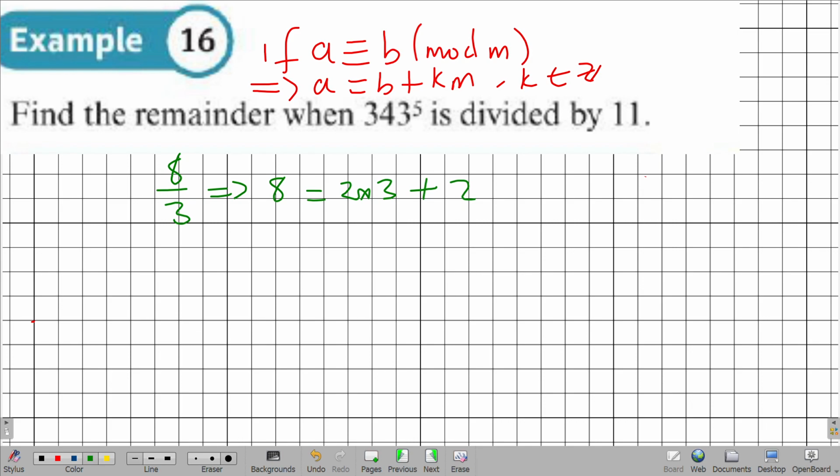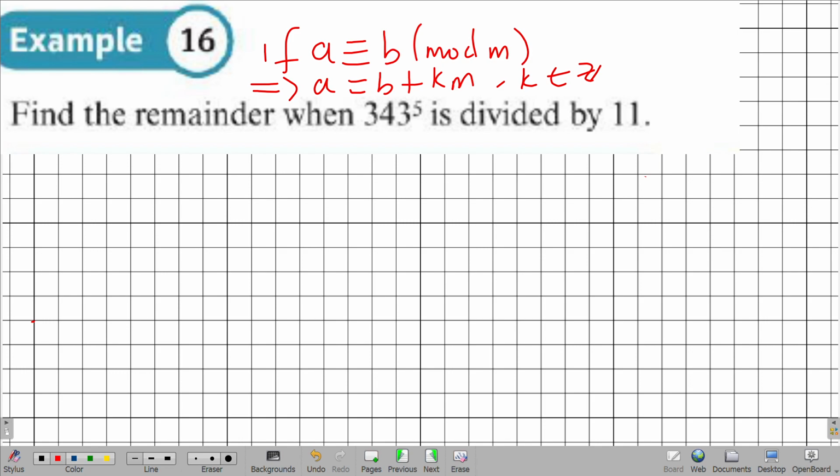That's basically the idea, and this 2 is an element of the integers. So in the proper notation, we can write it as A is equal to B plus Km. That's the division algorithm.